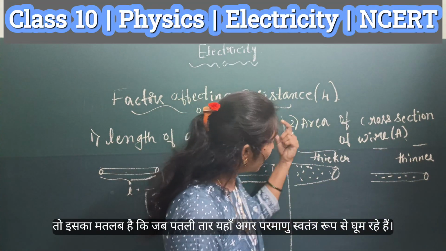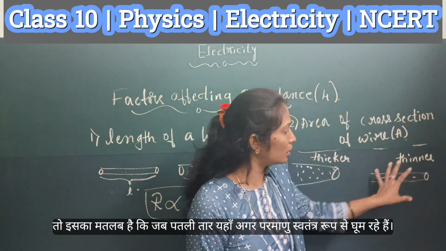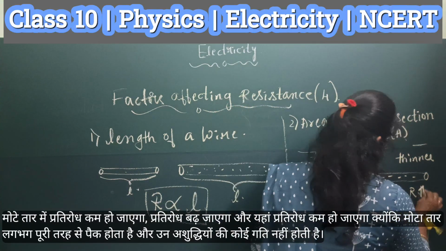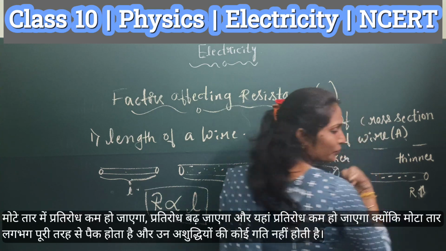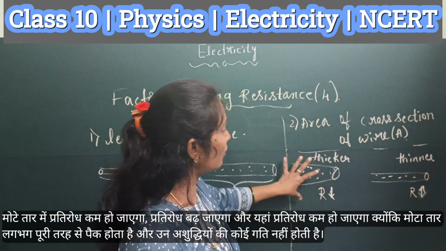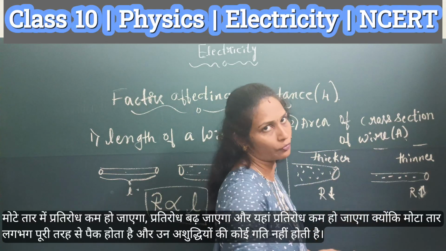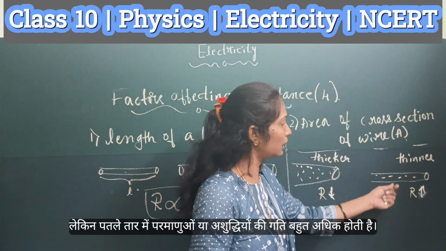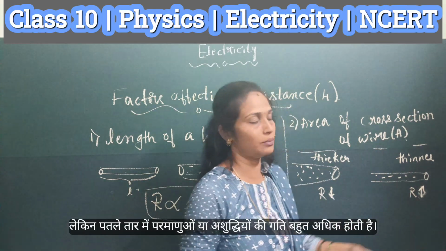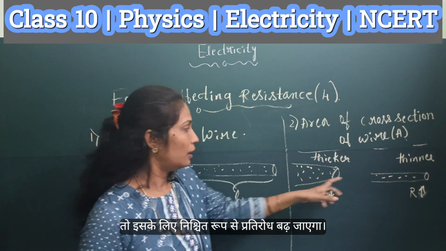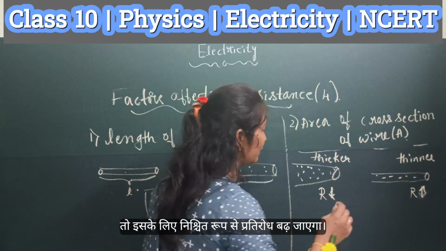So in a thin wire the resistance increases, and in the thicker wire the resistance decreases, because the thicker wire is almost fully packed and there is little movement of impurities. But in a thinner wire, the movement of atoms or impurities is very high. So definitely the resistance will increase.